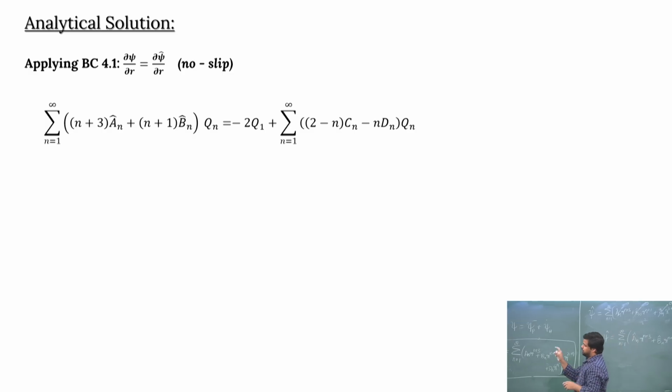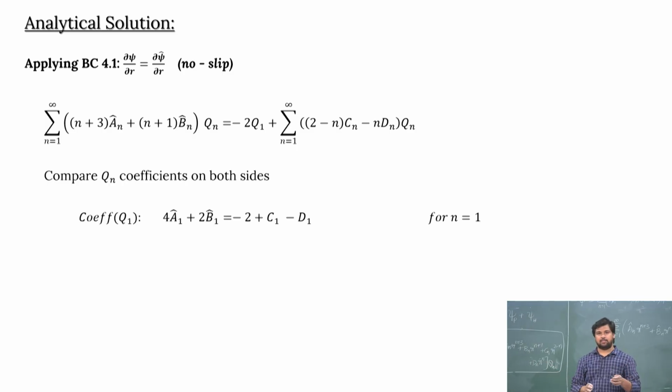Since we have Q1 explicitly, I am splitting my equations into two parts. I am comparing Q1 coefficients and all other Qn coefficients. Clear? Since I have Q1 explicitly from the summation, that is why I am taking the Q1 coefficient separately, and all other n coefficients separately.